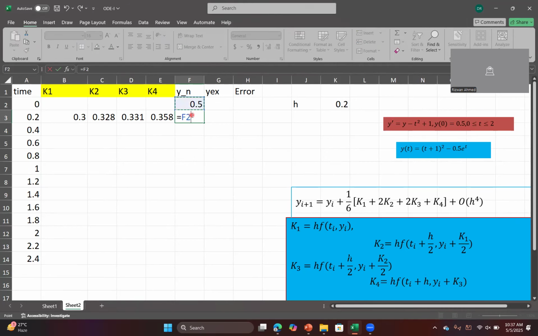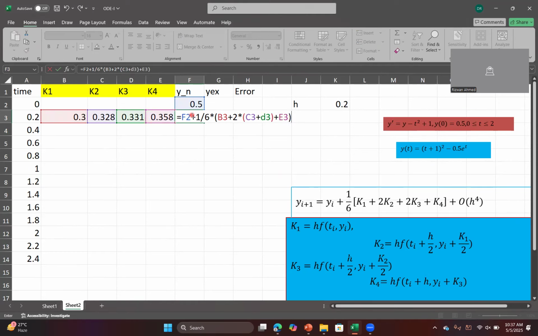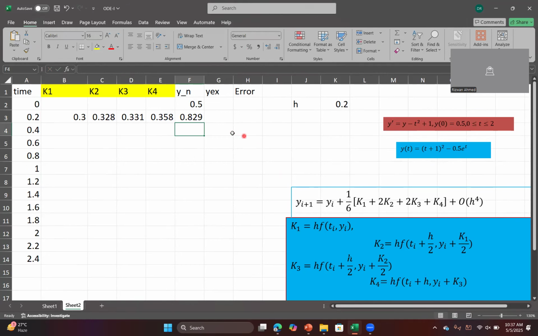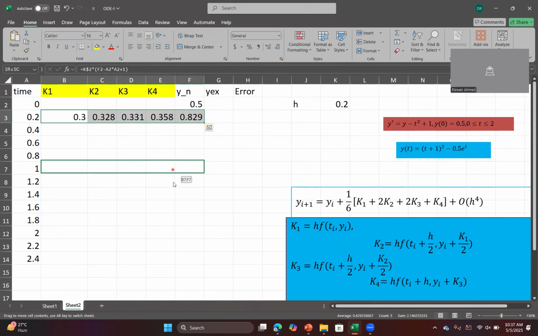It is the previous value of y plus 1 divided by 6 times k1 plus 2 times k2 plus 2 times k3 plus k4, and that's it. This is the next value. Similarly, we can calculate all the coming steps, but a bit carefully.